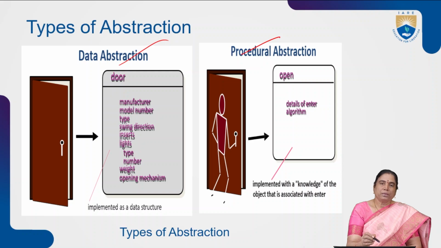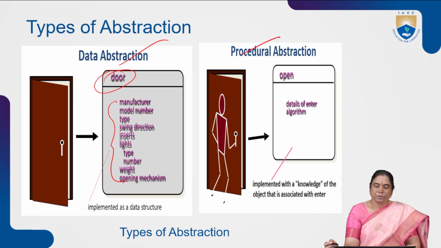Data abstraction is a collection of data regarding one particular object. So, here in this example, we consider the object as a door and collect some data regarding that door. It is modeled as data abstraction.